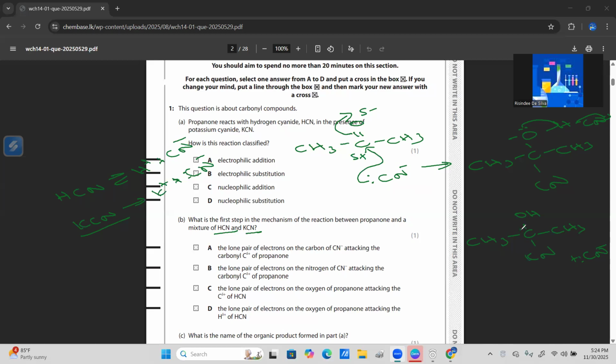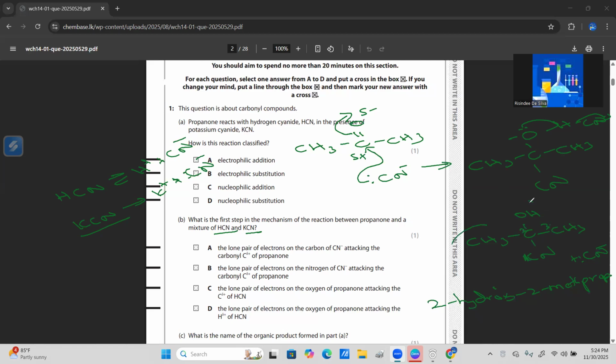If I write the name of it, I can write it as 2-hydroxy, because according to the alphabetical order, H will come first. 2-hydroxy, 2-methyl propane nitrile, because the carbon containing the nitrile will become 1, 2, 3.